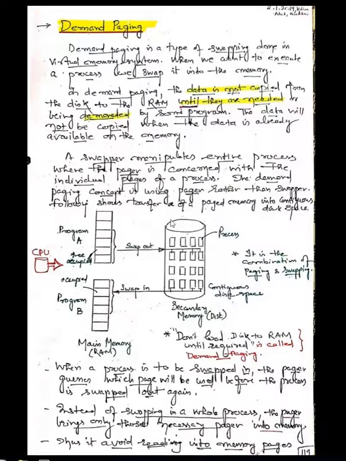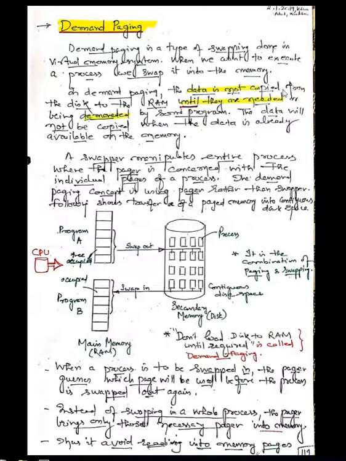Based on the program's order, the secondary memory will swap certain files to the main memory accordingly.